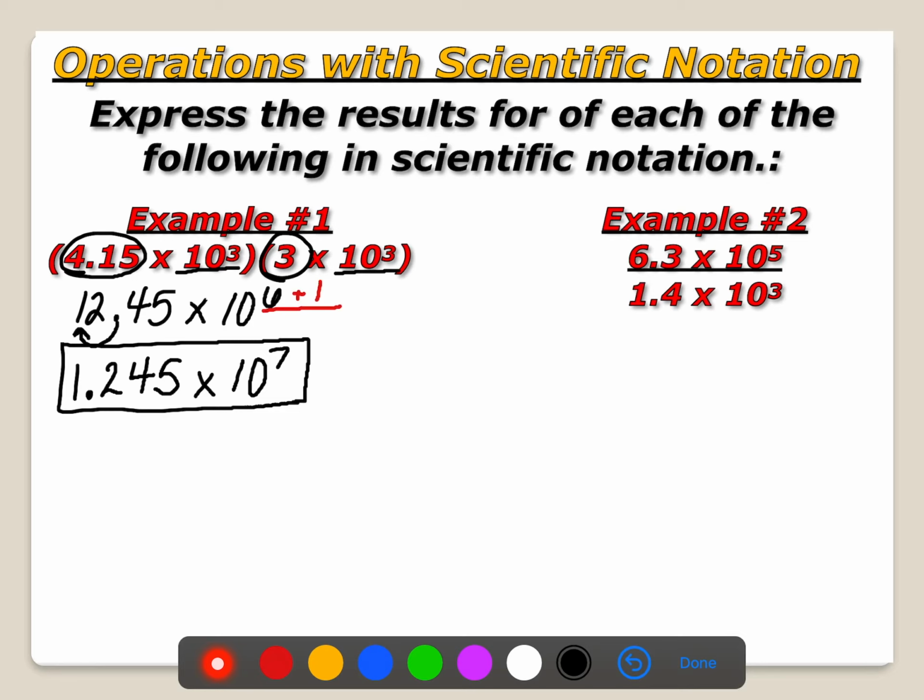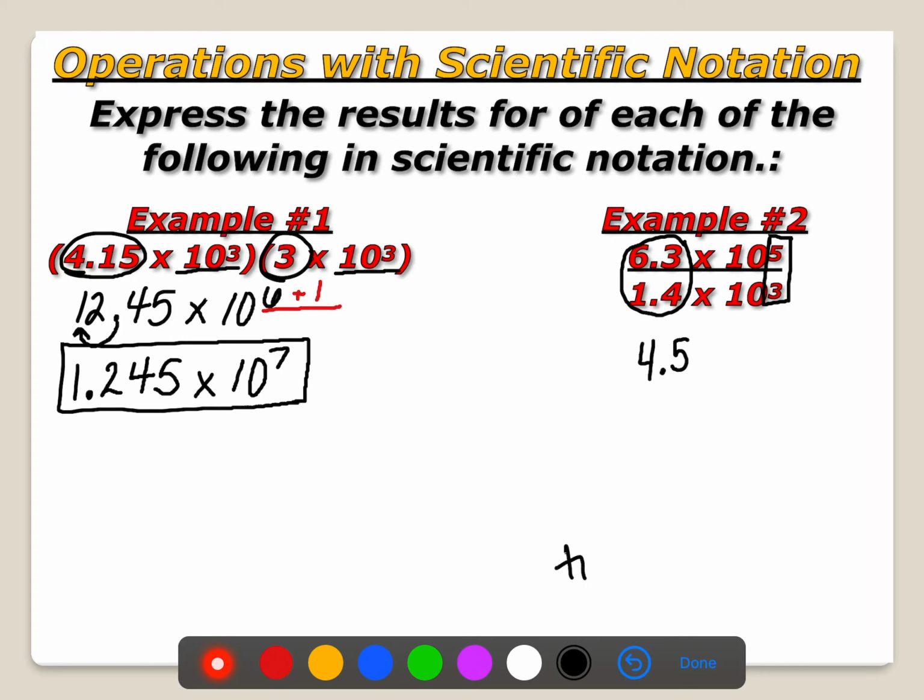Okay, example number 2 is a division problem. So we're going to divide our coefficients. We get 4.5. And in scientific notation, when we subtract our exponents, it's okay if we end up with a negative.